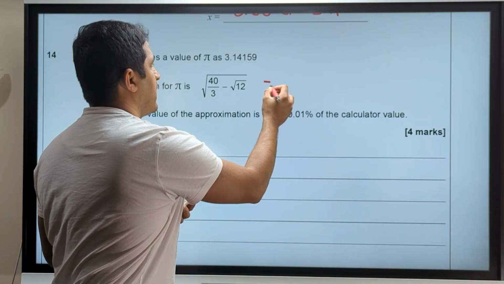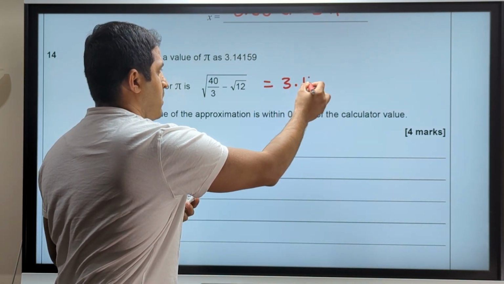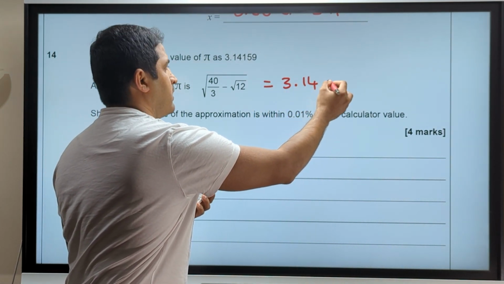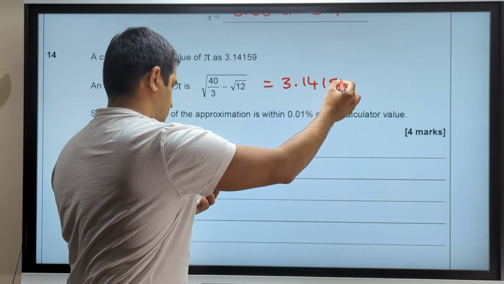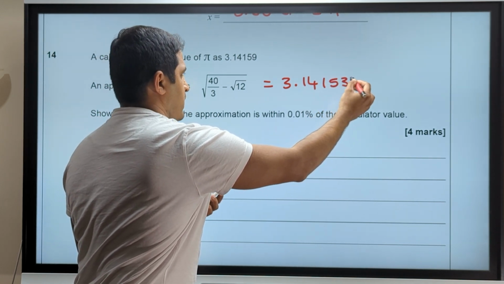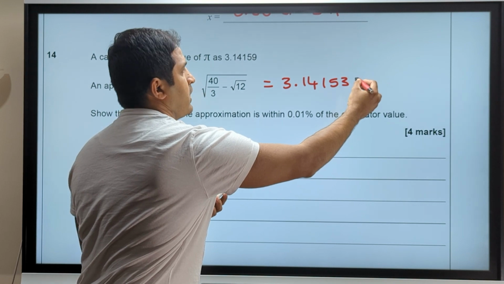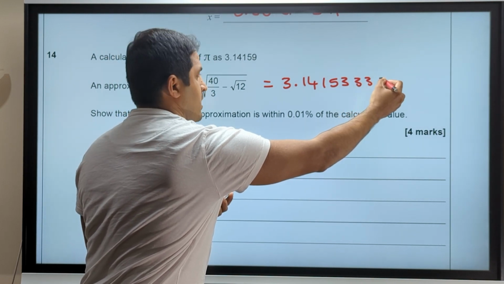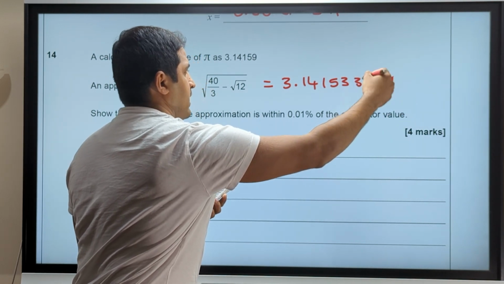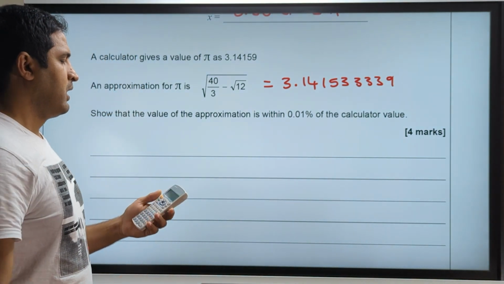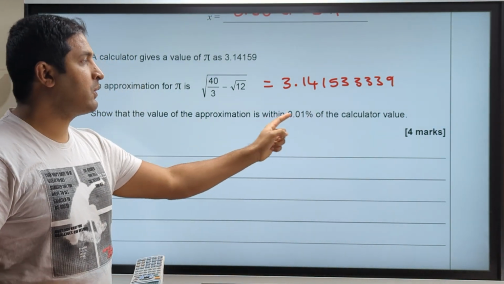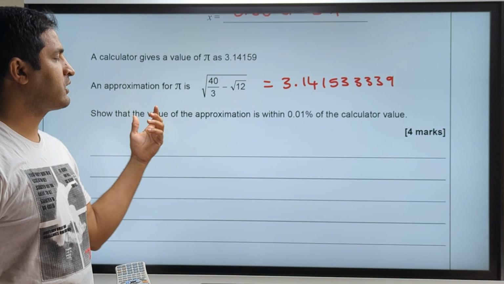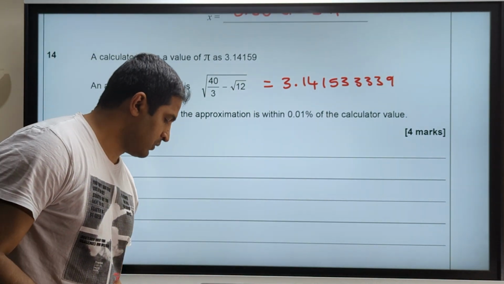So we will get 3.14153339 and so on. So again we're saying, okay, this is within 0.01% of the calculator value. That's what we're trying to work out.